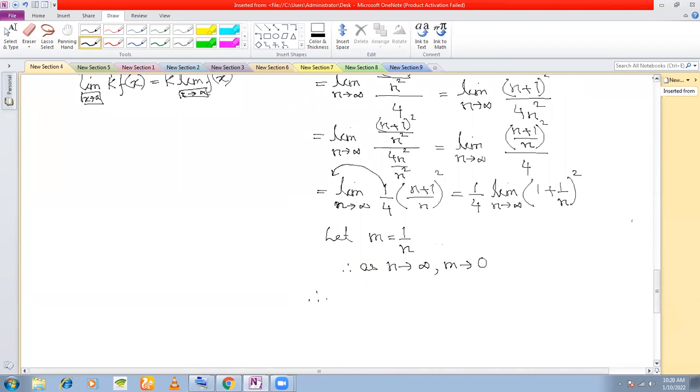Therefore, what does this limit become? 1/4 limit m tends to 0, (1 plus m) square. Can I put m is equal to 0 now? It will not give me an indeterminate form, right? Yes, I can put m is equal to 0. So that means this is equal to 1/4.